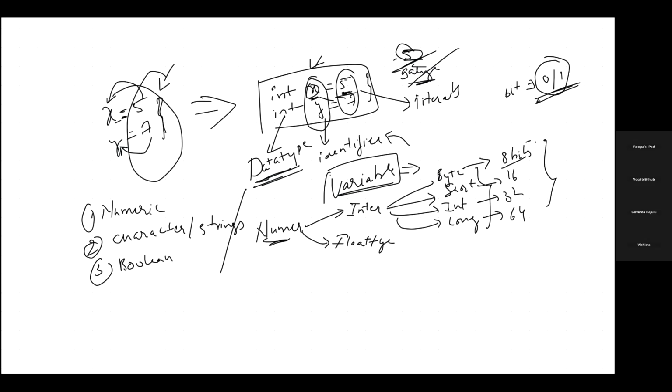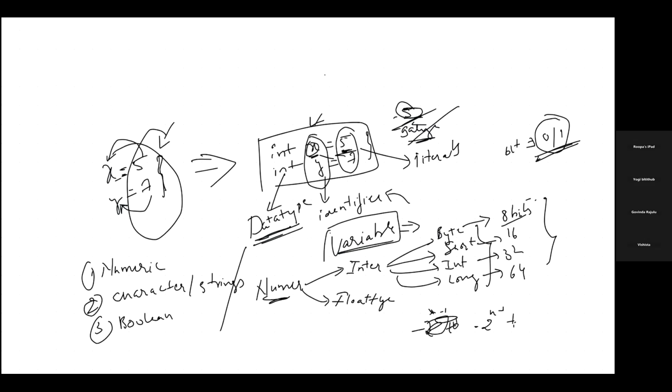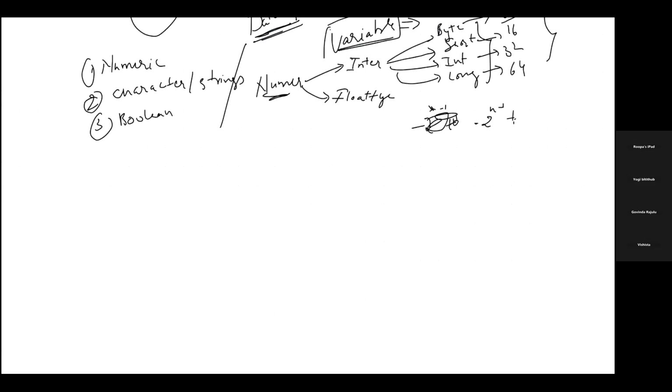There is a formula actually for the value a byte can store: minus 2 power n minus 1 to 2 power n minus 1 minus 1, where n stands for the number of bits.